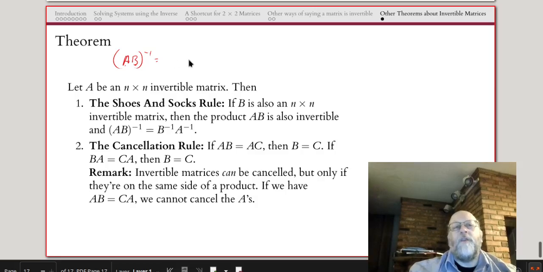We can take the inverse, but the inverse turns out to be the reverse order. We call this a shoes and socks rule because in the morning, if the first thing I put on my feet is my socks, and then I put on my shoes, and then I want to undo that process, I have to take the shoes off before I take the socks off. That is, I have to take things off in the reverse order.